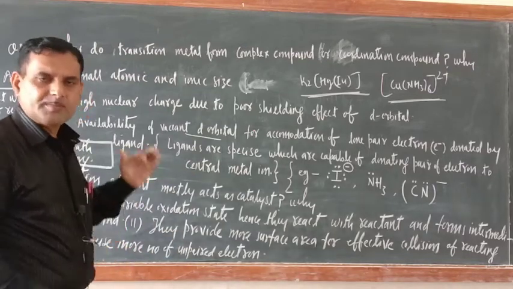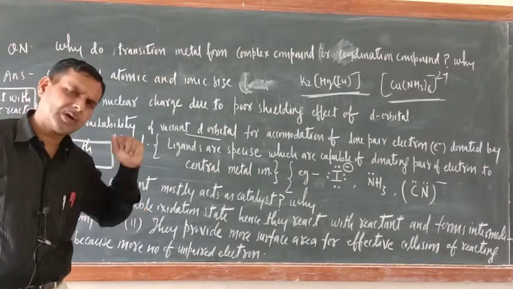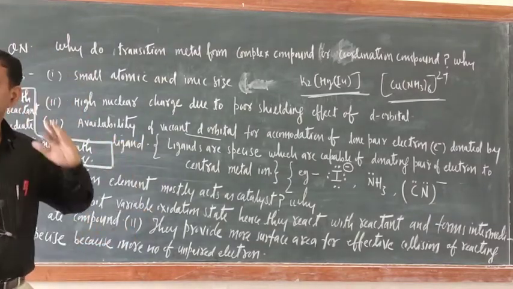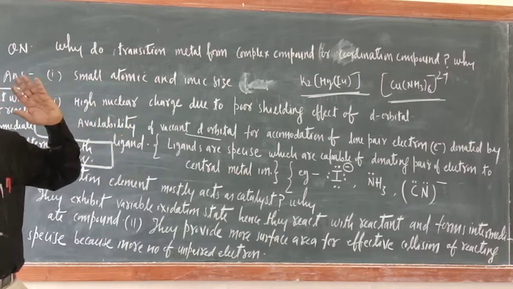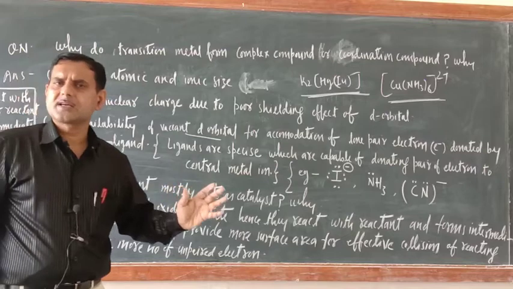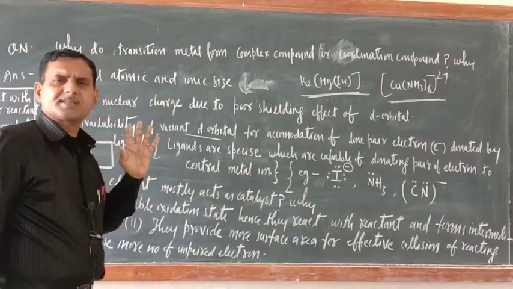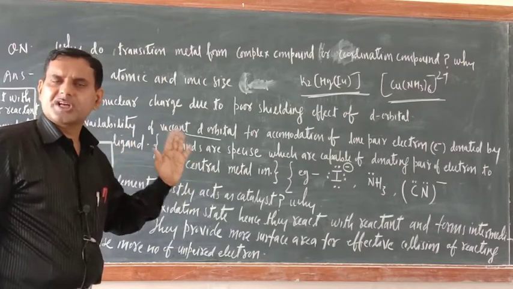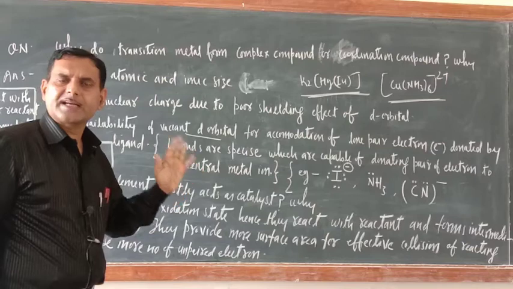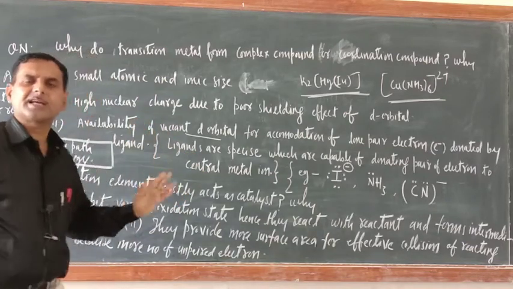Not only in the Haber process, in so many other processes, the Ostwald process, Haber process, contact process, whatever commercial processes are there, almost everywhere transition elements are acting as catalysts. Always remember, they are only acting as catalysts.